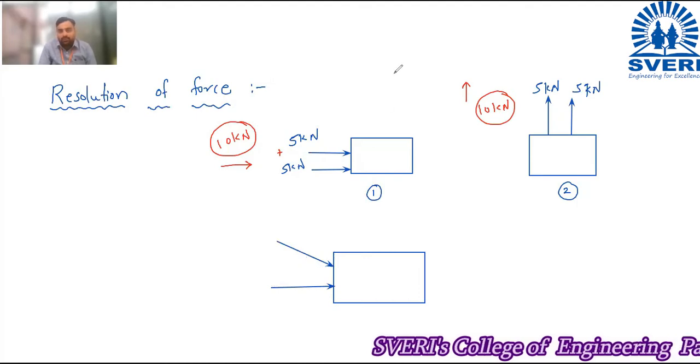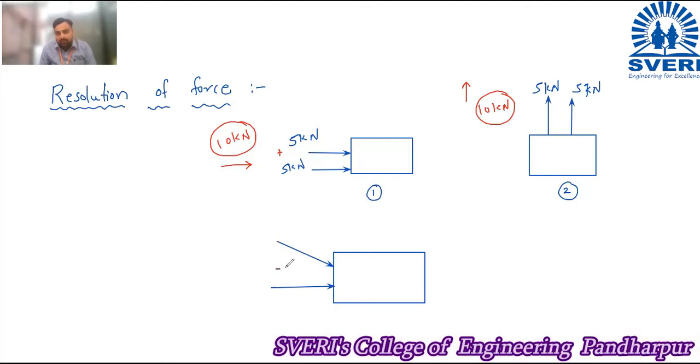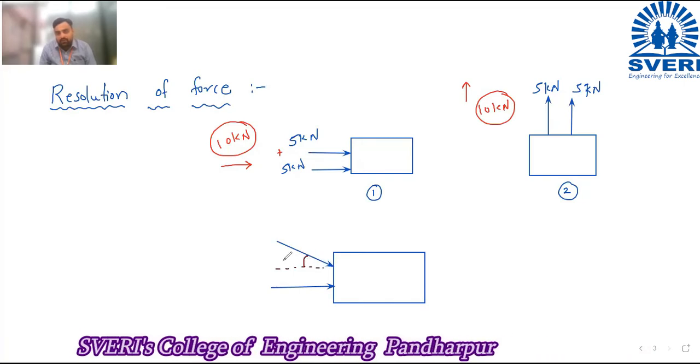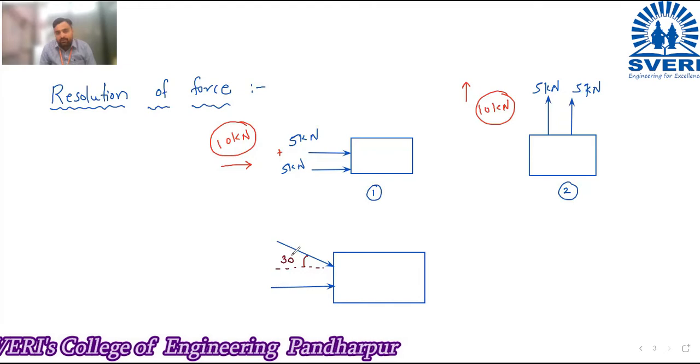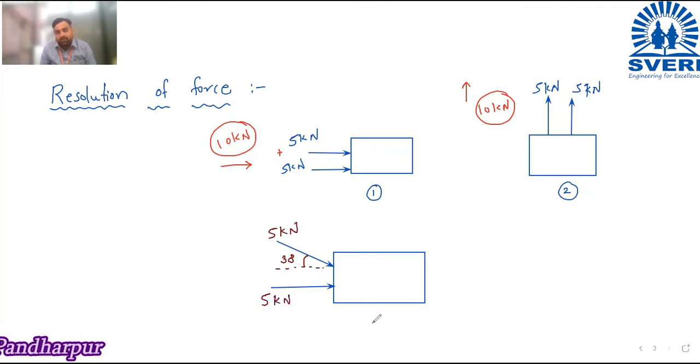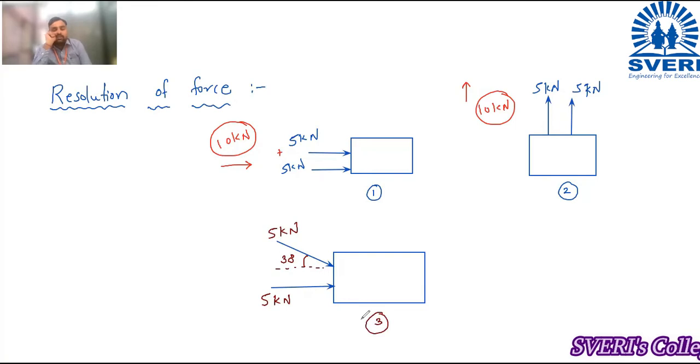Suppose the angle of this force with the horizontal is 30 degrees. Now this force is also 5 kilonewton and this force is also 5 kilonewton. 3 number diagram. Now can you tell me what is the resultant of this?